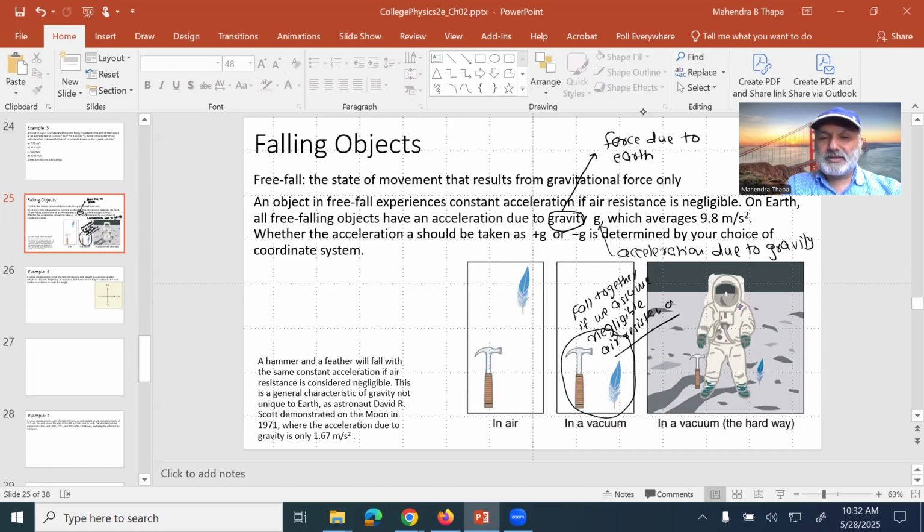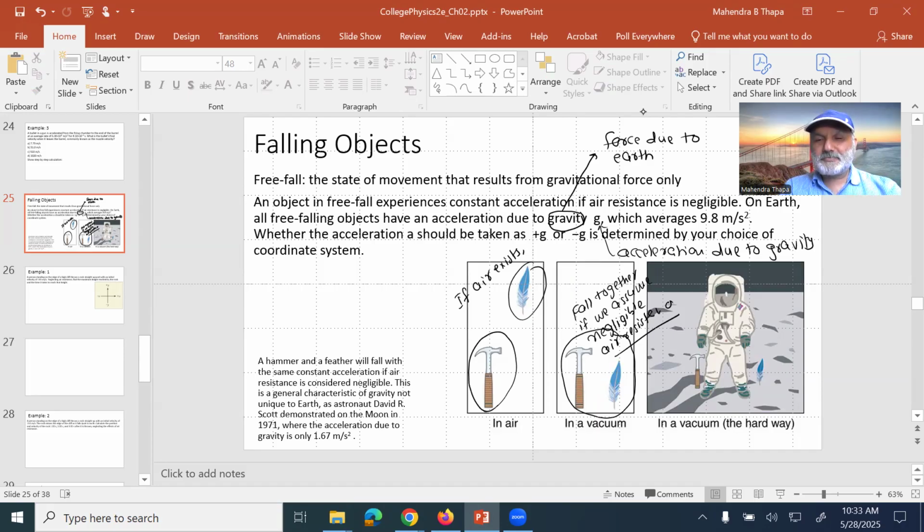But if there is air, then the feather and the hammer will not fall at the same time.